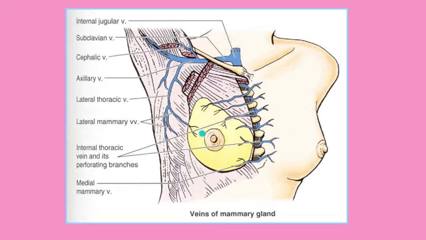So remember that the posterior intercostal arteries, you will have some of the blood from the breast that will drain into the veins that accompany that artery, so the posterior intercostal veins.